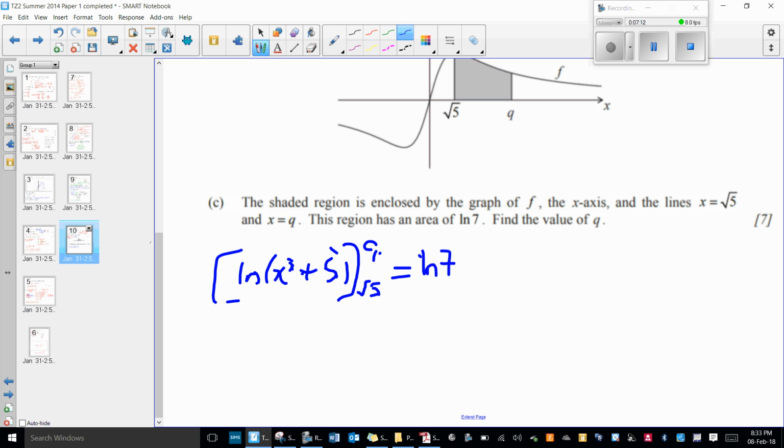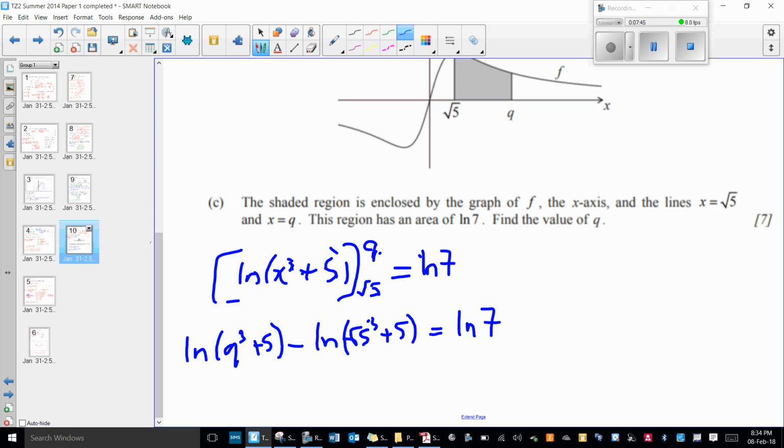Okay, so let's get an expression. ln of q cubed plus 5 minus ln of root 5 cubed plus 5 equals ln 7.